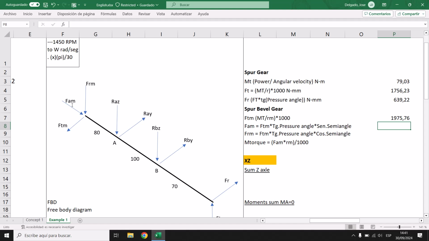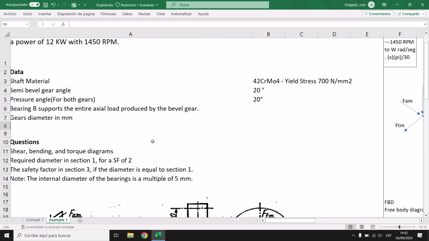In the case of the spool gear, don't worry, this should be the tangent force multiplied by the tangent of the pressure angle, in the center of the semi angle of that bevel. So it's 20 for us.